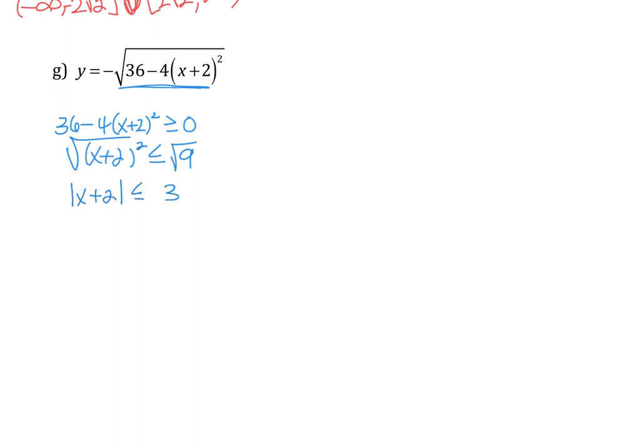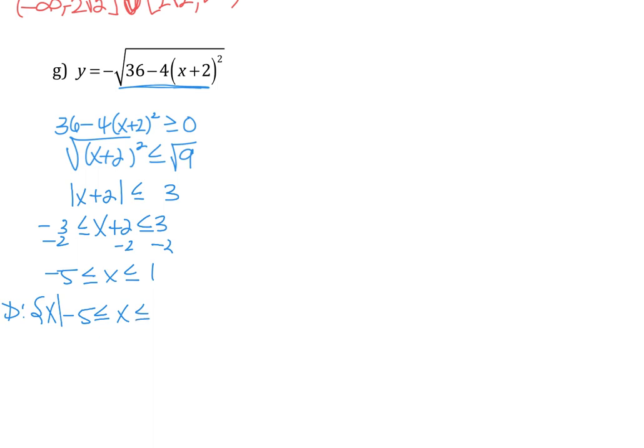And it's less than or equal to, so we're going to change this to an and. And then I'll solve for x by subtracting 2 from everything. So there's my domain. You can write it in set notation or in interval notation. We would have -5 to 1, like that.